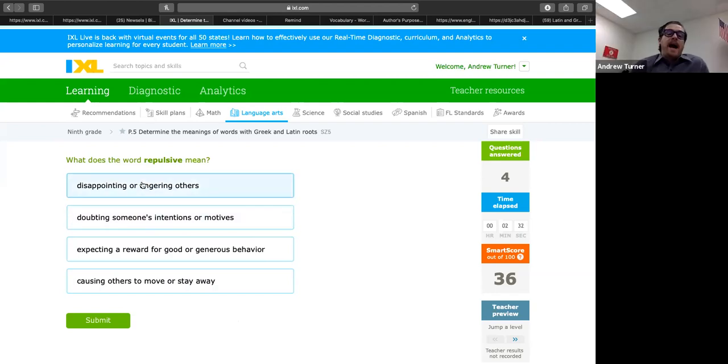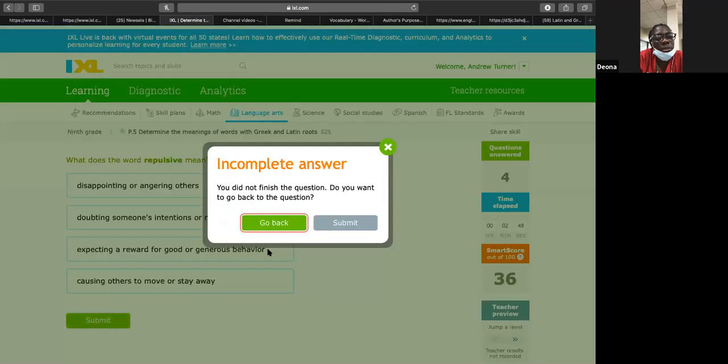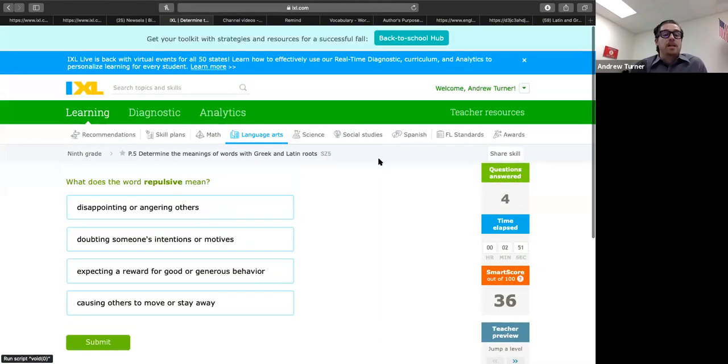I guess that could be an outcome. Your better answer is causing others to move or stay away. So if you had a foul odor, you would have repulsed somebody, or if you said something nasty or offensive. Okay.